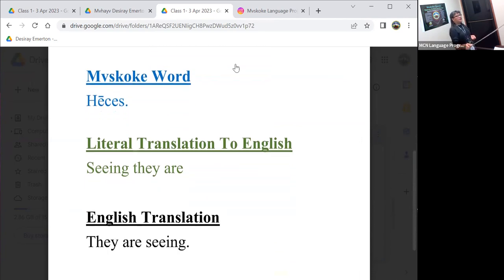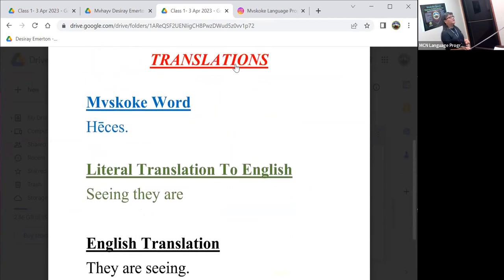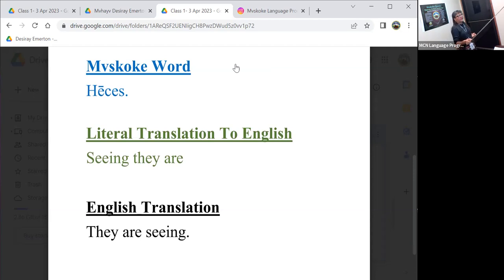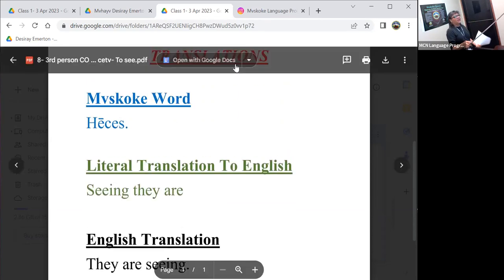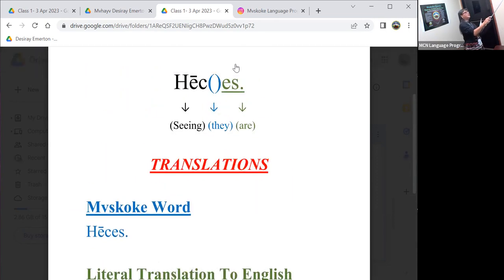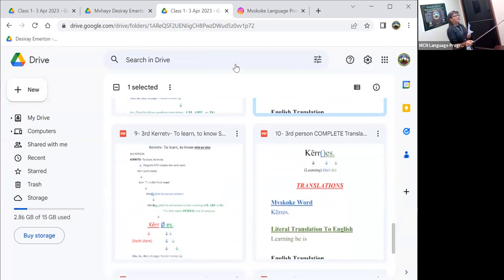They are seeing. And like I said, it could also be he is seeing, she is seeing, or it is seeing. Does that third person make sense? Are you guys getting that? Okay. All right.